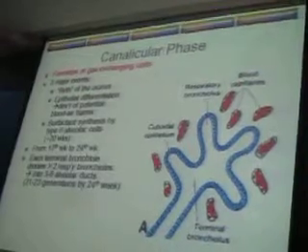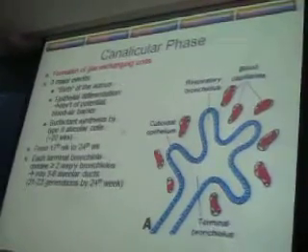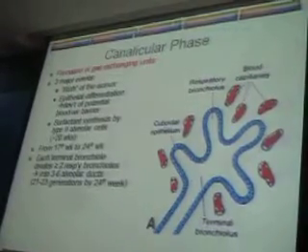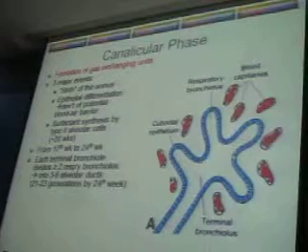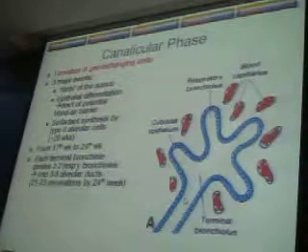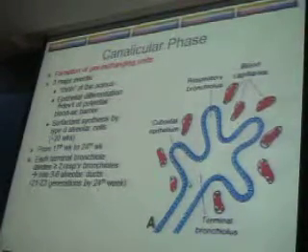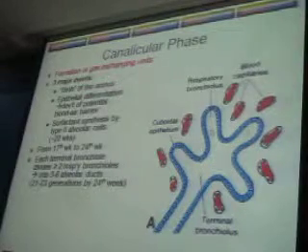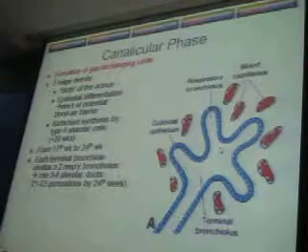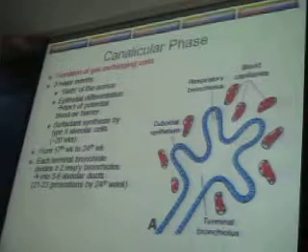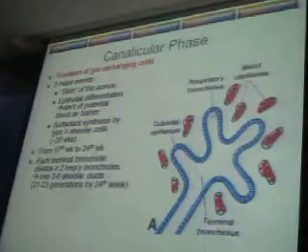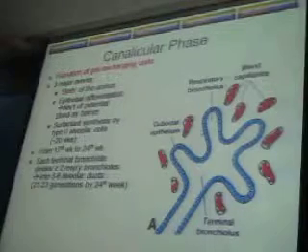And it is also at the canalicular phase where you will encounter the type 2 cells which produce your surfactant. Okay, this is your terminal bronchiole. Each bronchiole can divide into 2 or more respiratory bronchioles, and these bronchioles can further divide into 3 to 6 alveolar ducts. Okay?